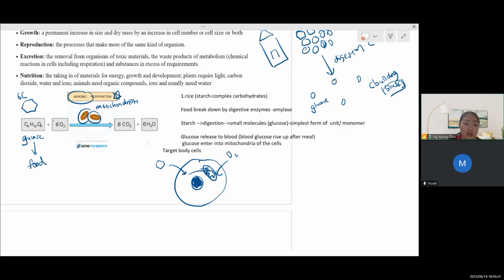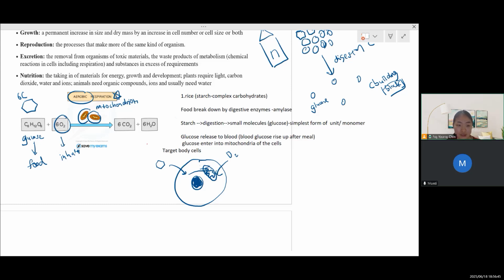Where does the oxygen come from? The oxygen comes from the air that we inhale every second, right? We do inhalation every second, so we are able to inhale the oxygen.